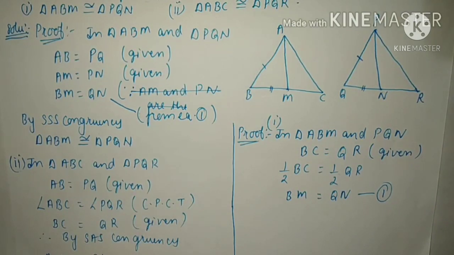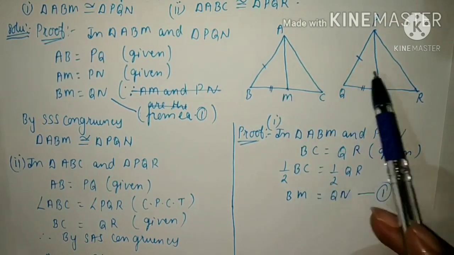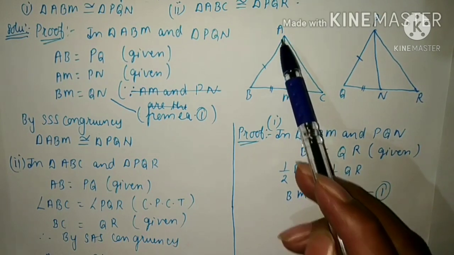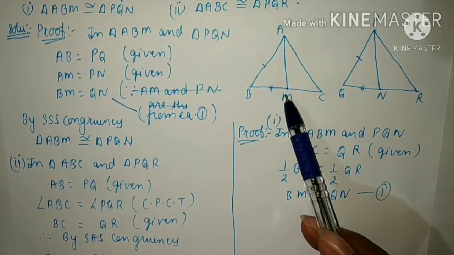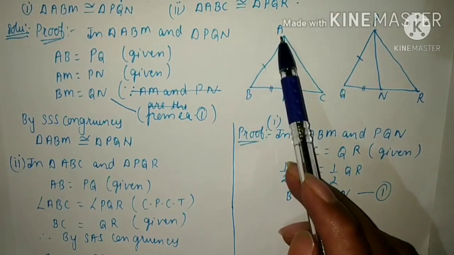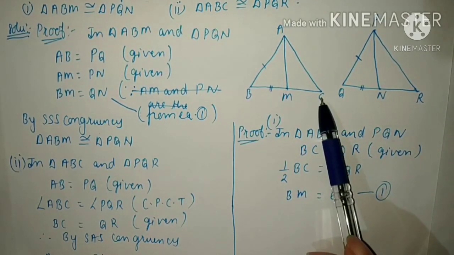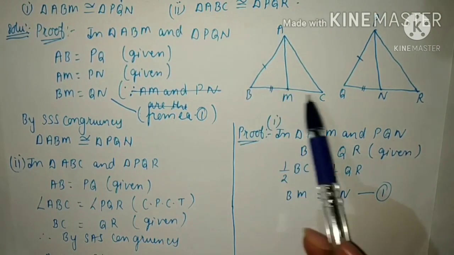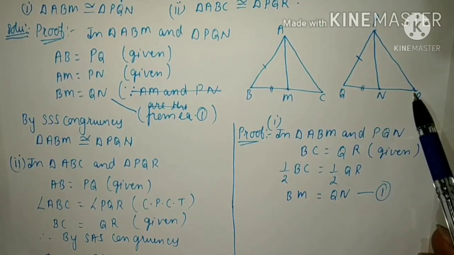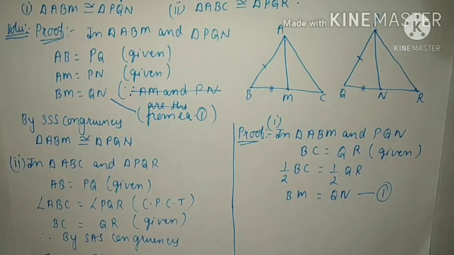And since these two triangles are congruent, as we proved in the first part of this question, angle ABM can be written as angle ABC. So angle ABC equals angle PQR by CPCT.